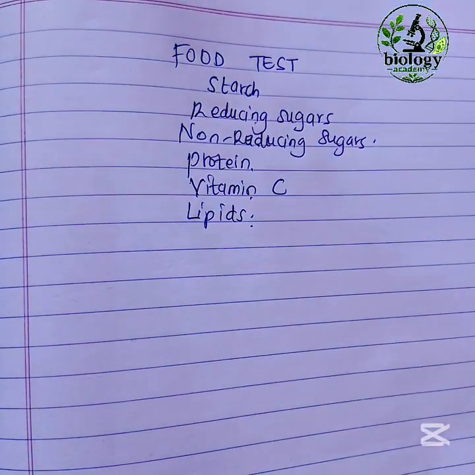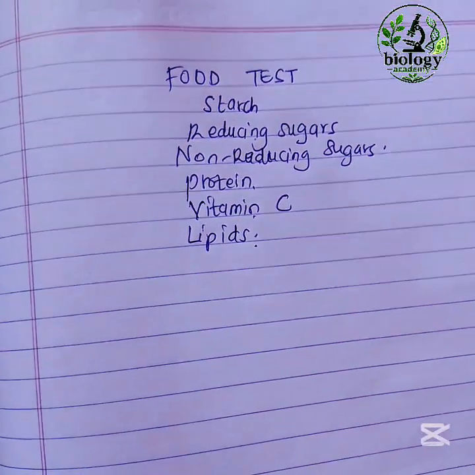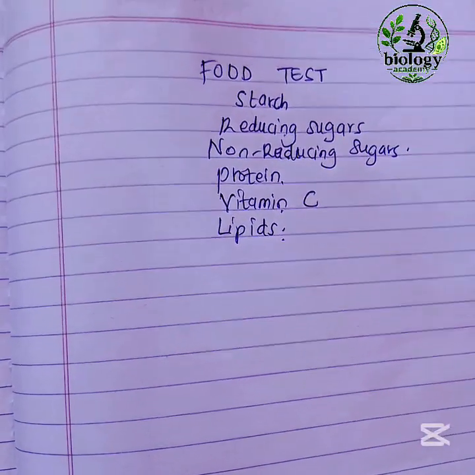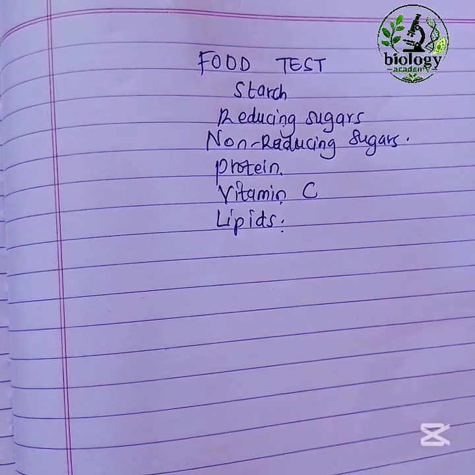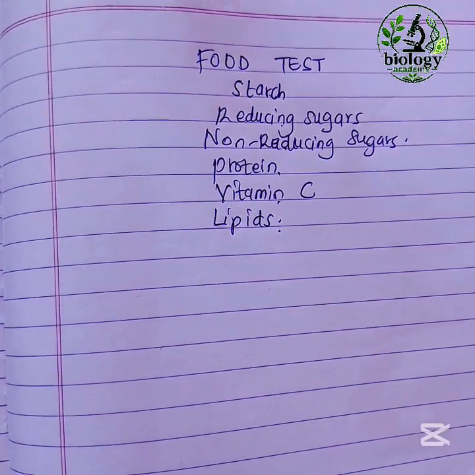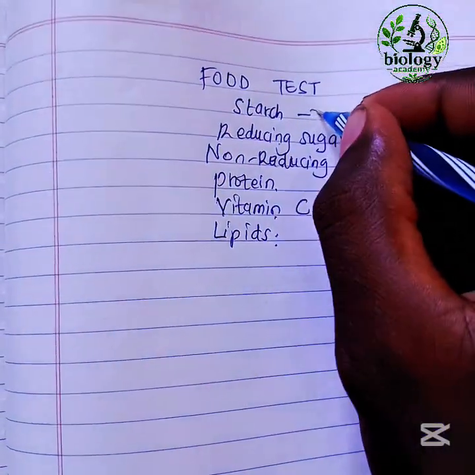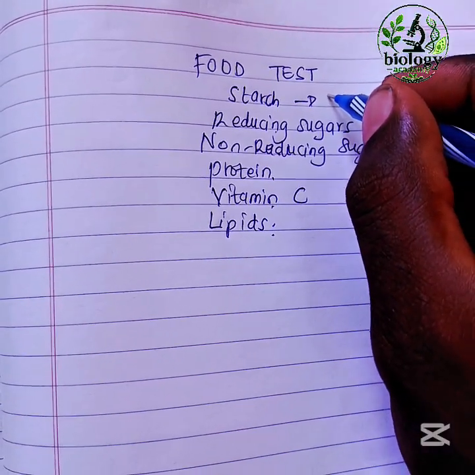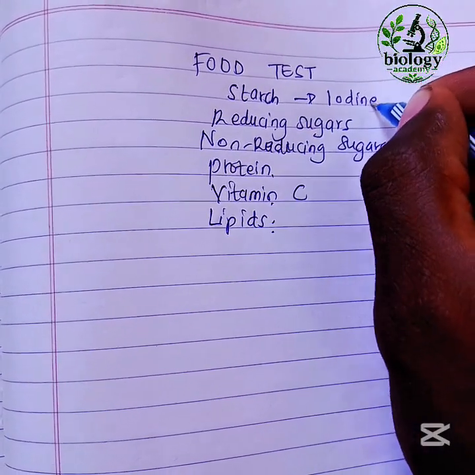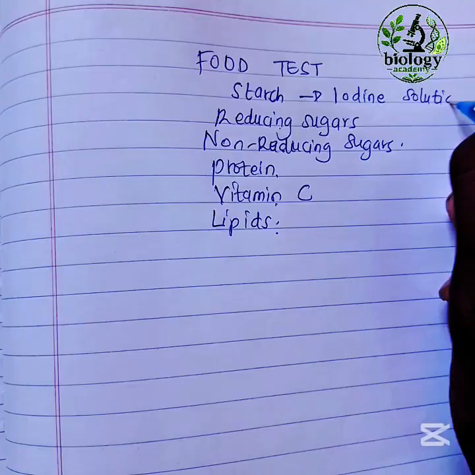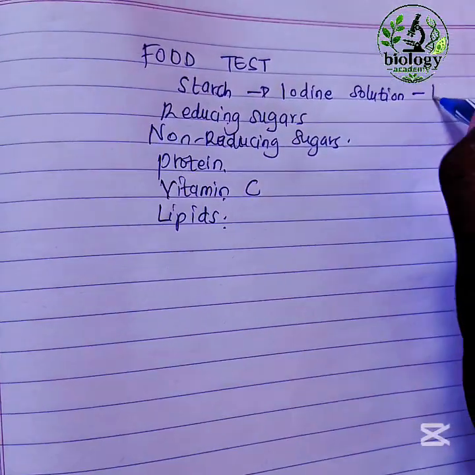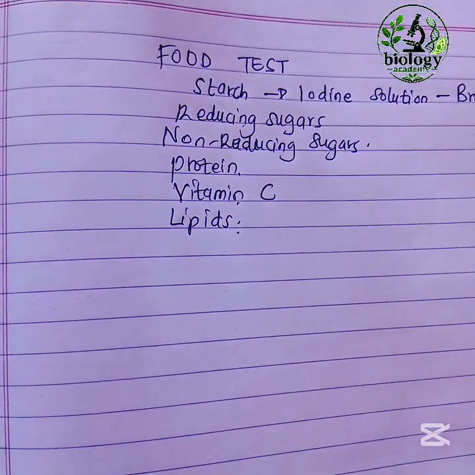One thing you need to understand when reading on food tests is the reagents for testing each and every type of food test. For example, when you are testing for starch, the main reagent is iodine solution, and the color of iodine solution is brown. That is number one.